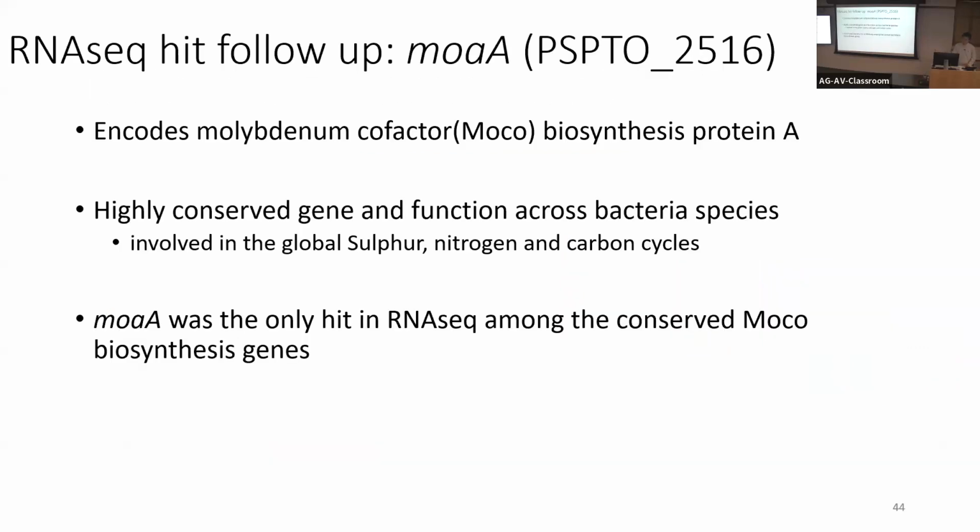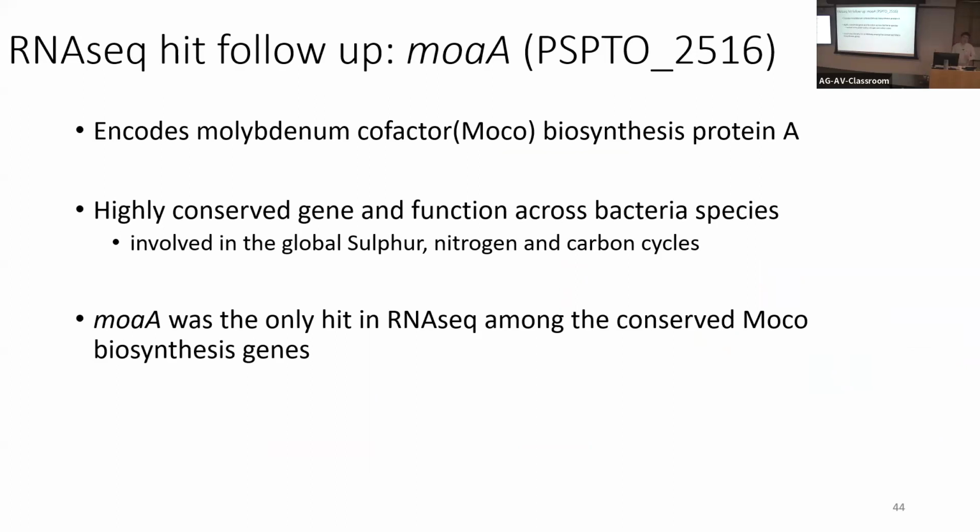So what does that do? MOA is annotated, and we know from its annotation that it encodes molybdenum cofactor biosynthesis protein A. It's also a GTPase for what we know. MoCo is a highly conserved function across bacteria species and also across kingdoms. Even humans and plants have molybdenum cofactors.